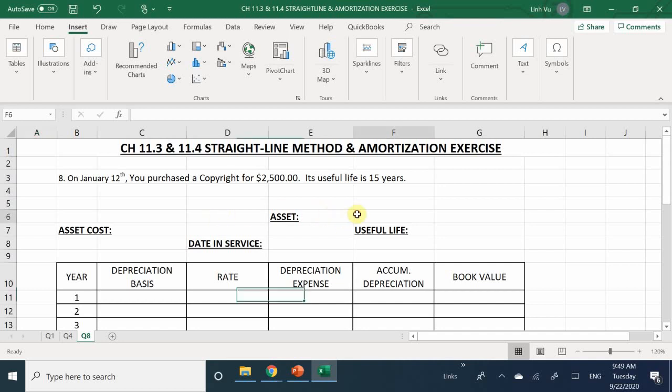Okay, so what is my asset? It's a copyright. What is the asset cost? 2,500.